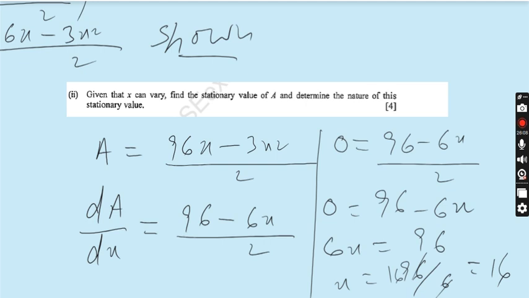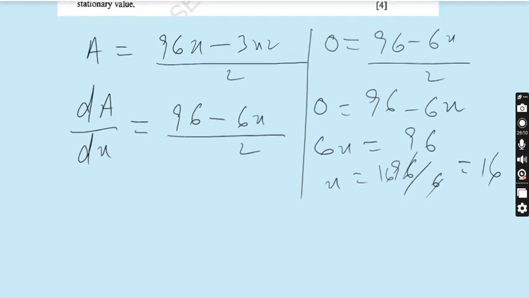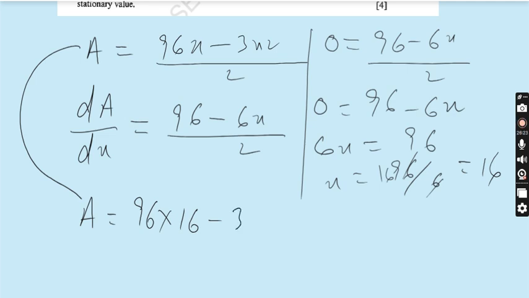Now find the stationary value of area. So put the value of x, 16, in the area formula. 96 multiplied by x is 16, minus 3 times 16 square upon 2. Use the calculator to find the answer.